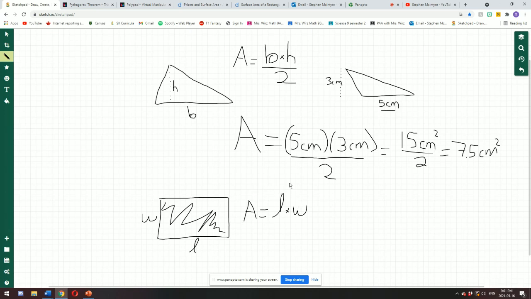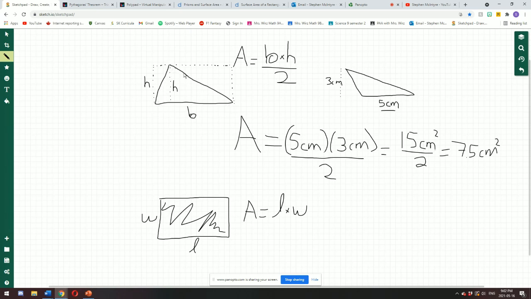Yeah. So I just want to show you guys where this triangle formula comes from. So area equals base times height divided by 2, and that works for any triangle. Because if I were to make, I hope you guys can see this up here, a rectangle here, and this is h here, this base times height would give me the area of this whole rectangle. Then when I divide it by 2, that gives me the area of a triangle.